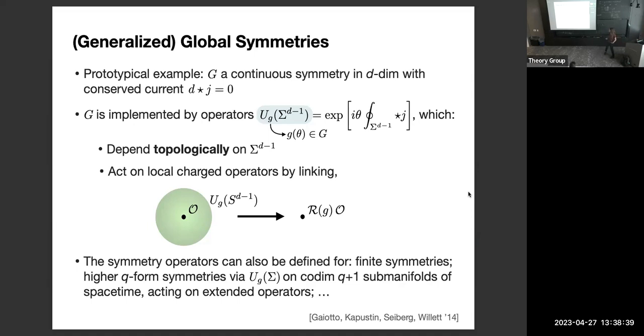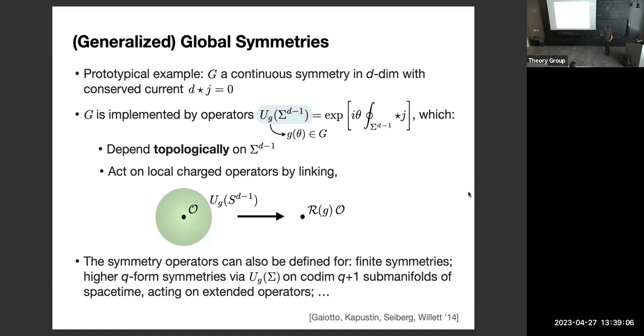This is very nice because it lends itself very easily to some generalizations, which I'm going to be interested in. So to explain, let's take the prototypical example of a continuous global symmetry in some d-dimensional quantum field theory, which has a conserved current.